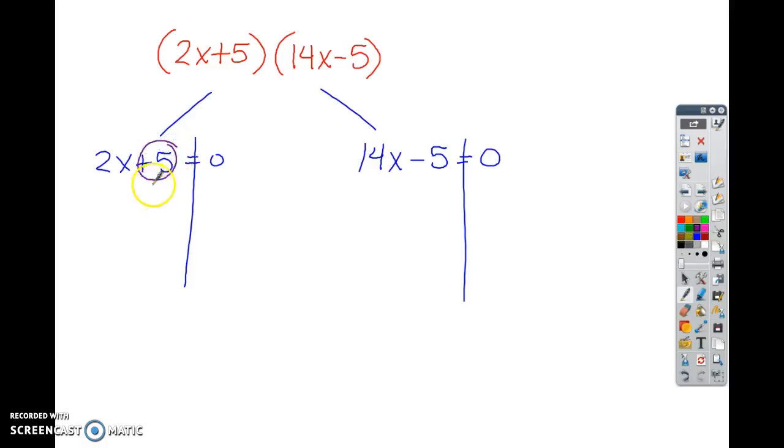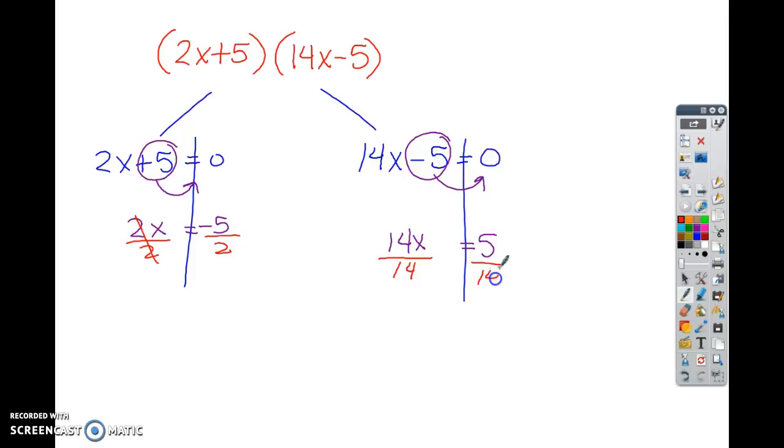Move the 5 over, change the sign. That's minus 5 equals 2x. Move the negative 5 over, change the sign. That's positive 5 equals, bring down 14x. And divide both sides. On this one, divide both sides by 2. And on this one, divide both sides by 14.